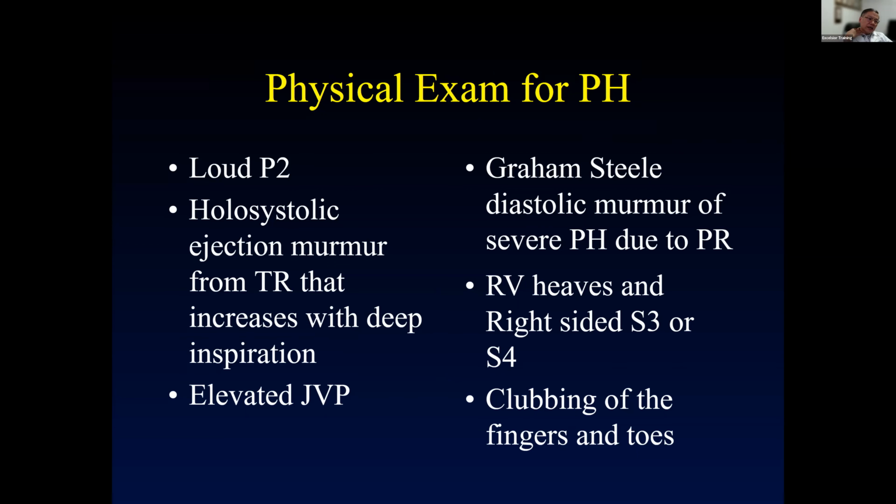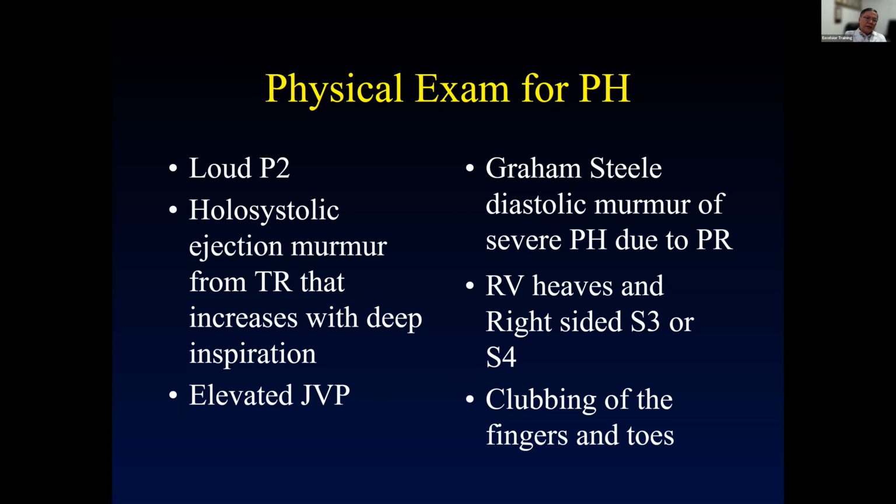If you look at the neck, there will be elevated jugular venous pressure. There's a classic Graham Steell diastolic murmur, which is typical of patients with severe pulmonary hypertension due to regurgitation of the pulmonic valve.